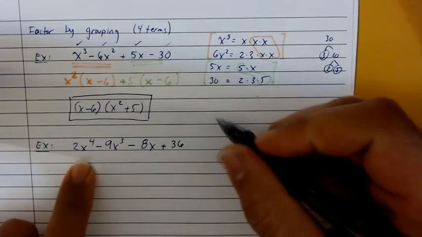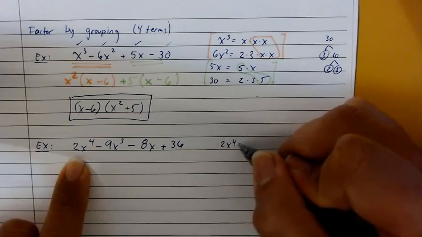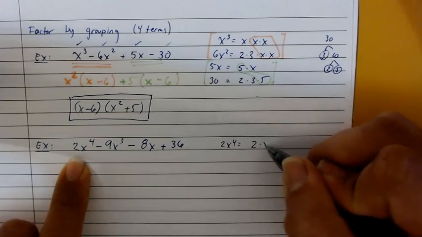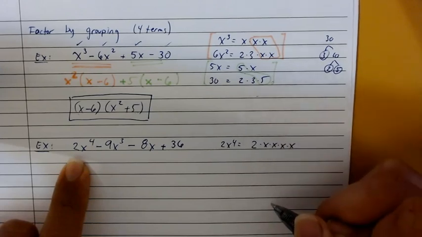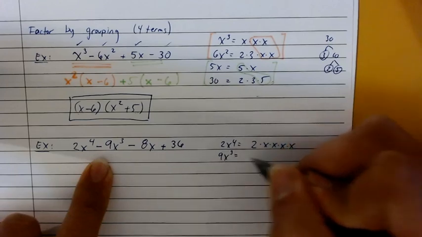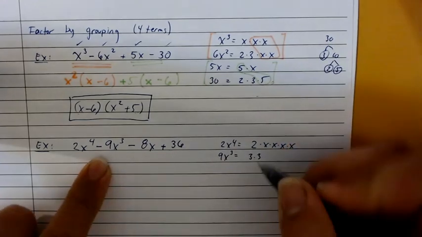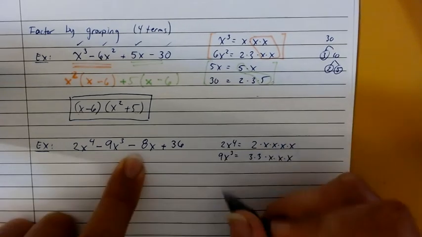All right, so now let's go ahead and factor out these numbers. The 2x to the fourth, well, that 2 is already a prime number, and x to the fourth is 4 copies of x multiplied together. My 9x to the third, well, 9 is 3 times 3, and then x to the third is 3 copies of x multiplied together.